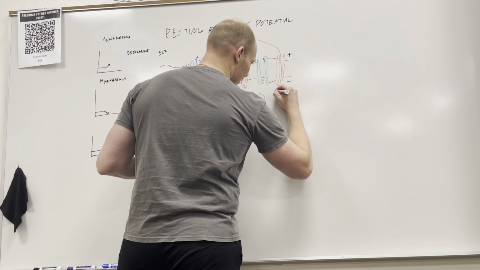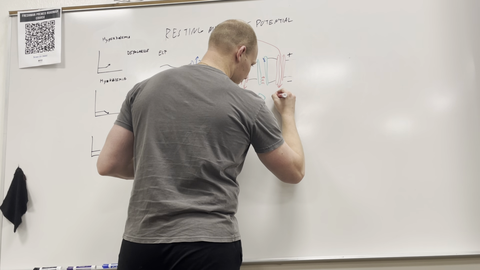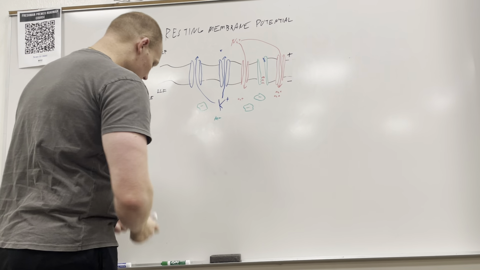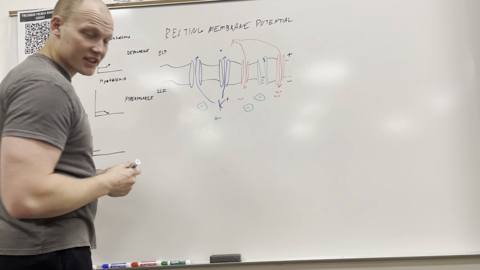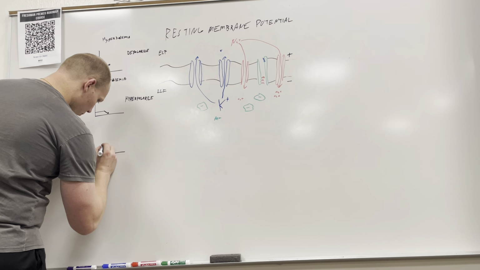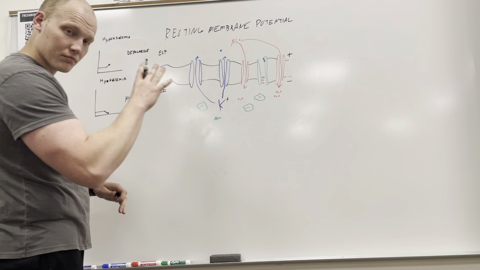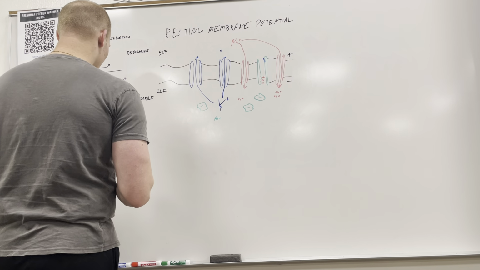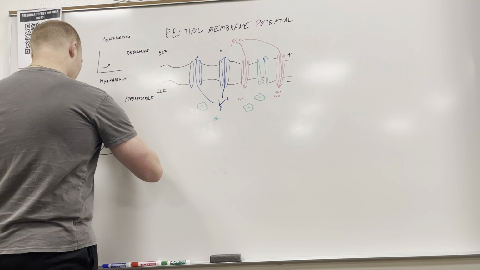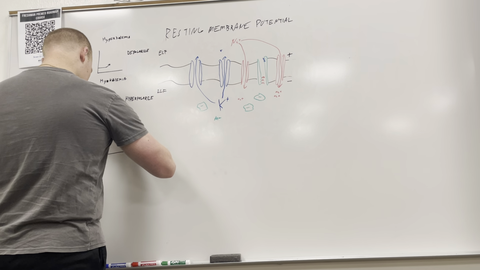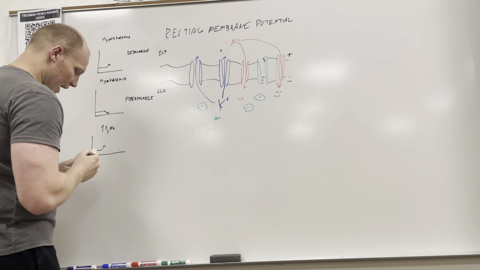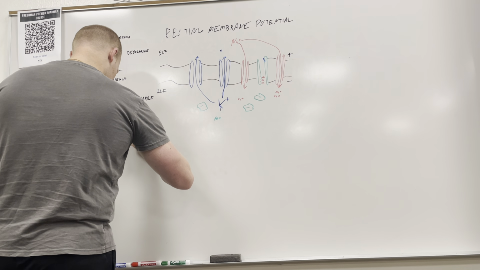So we're going to add some more positive charges into the ICF. Thus, we will have a depolarization event where the resting membrane potential will increase towards zero. So we're just going to say increased permeability to sodium. We're going to have a depolarization.